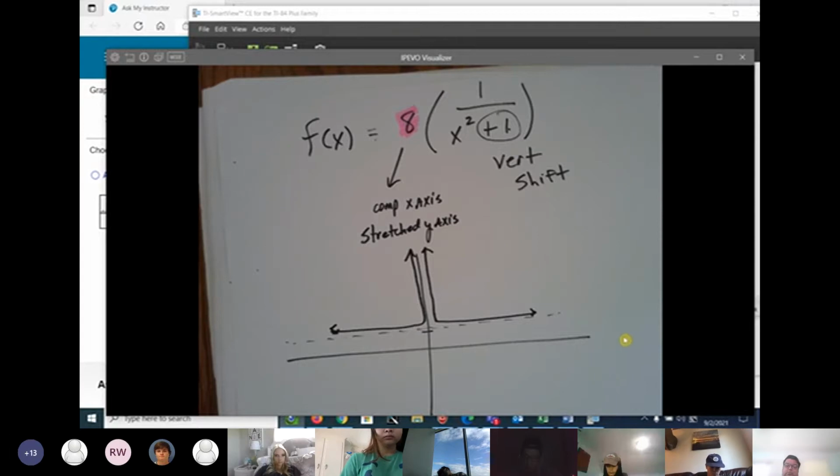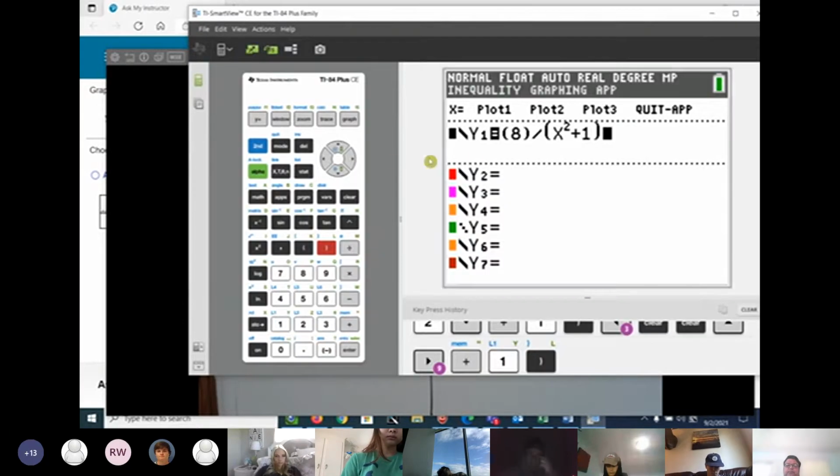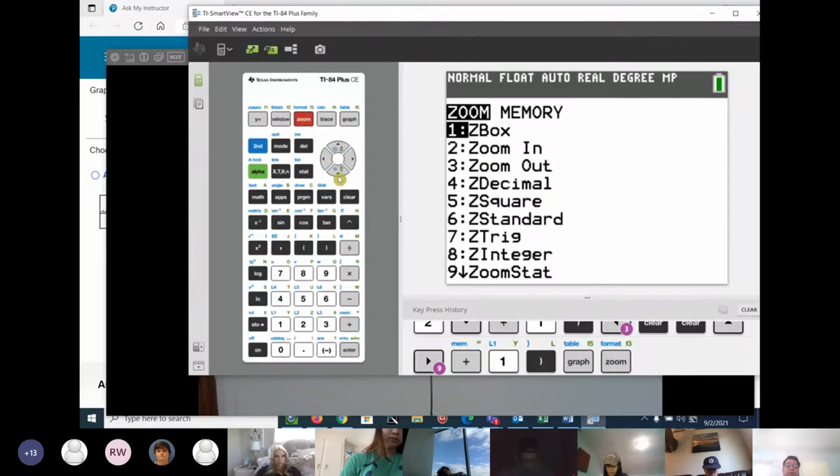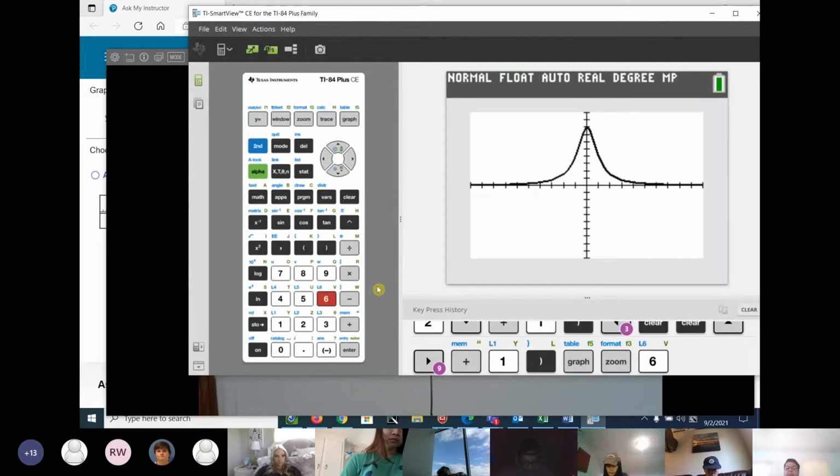But let's graph it and see what it looks like. And I'm going to do a zoom 6. There it is. And they don't show it. They show it going, it does go in like that.